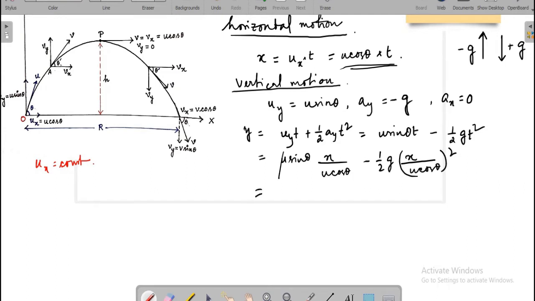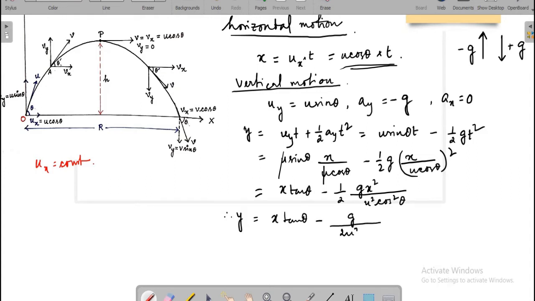So u cancels out. So x tan theta minus half g x square by u square cos square theta. Therefore y is equal to x tan theta minus g by 2u square cos square theta into x square. This is our equation of trajectory of a projectile.